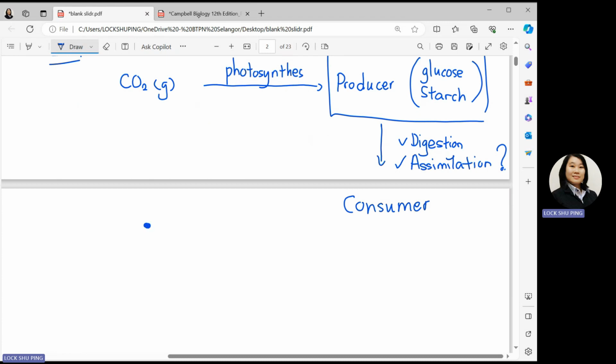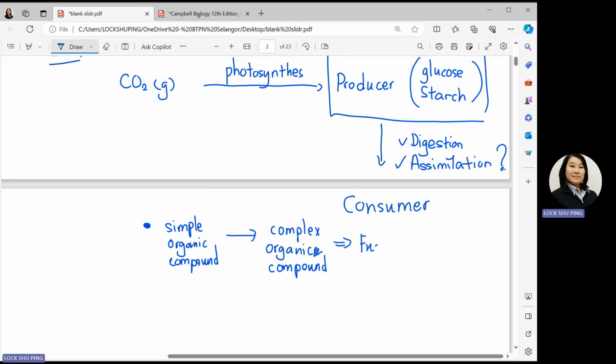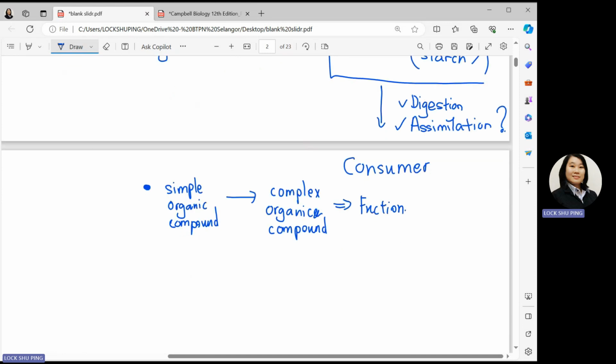Assimilation is basically the process when a simple organic molecule is rearranged to form a complex organic molecule so that it can carry out specific functions. So that is assimilation.